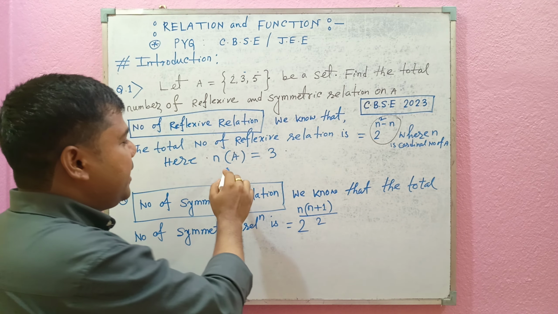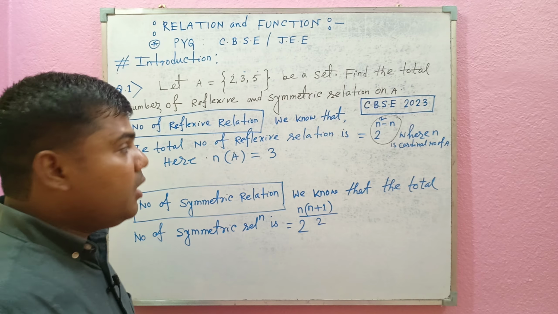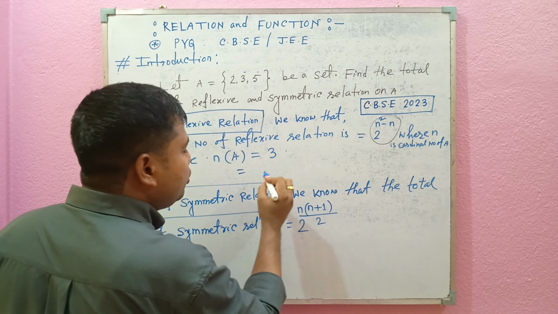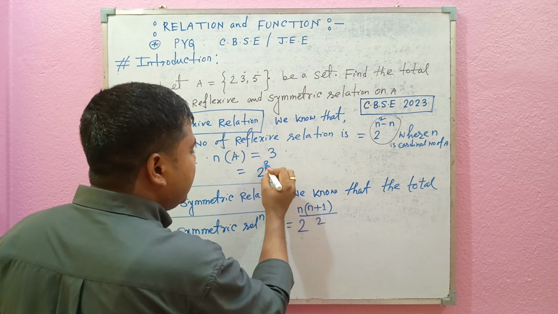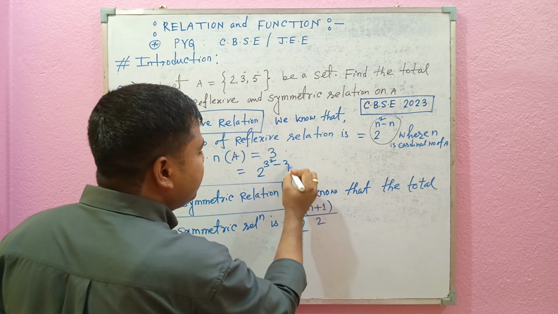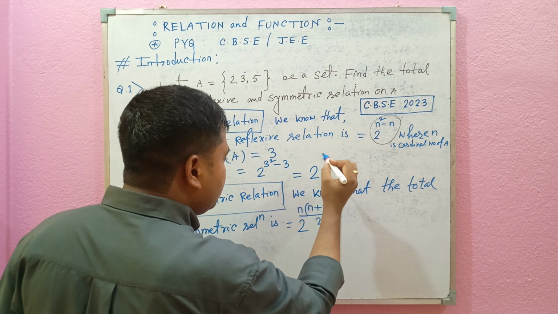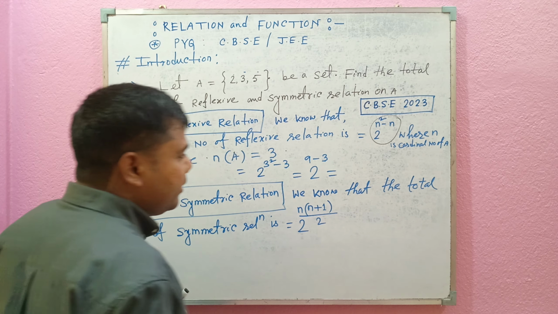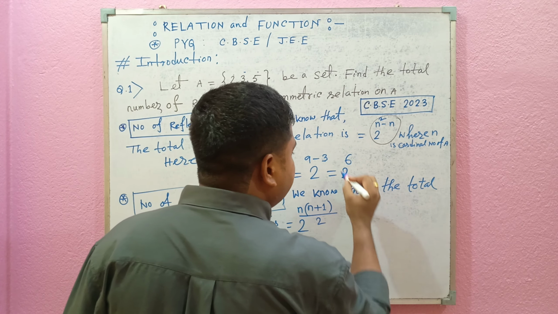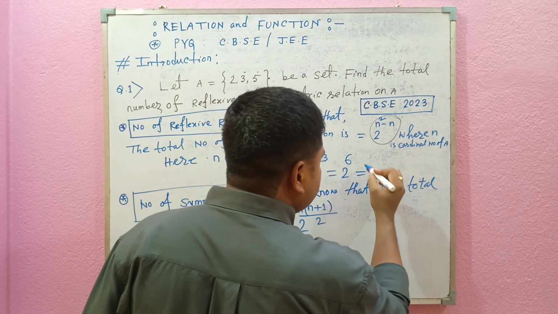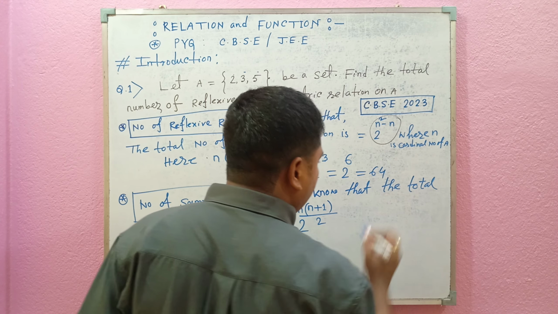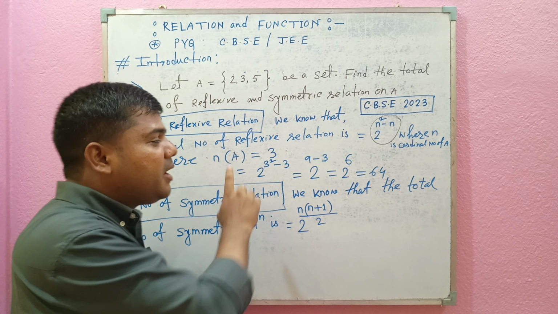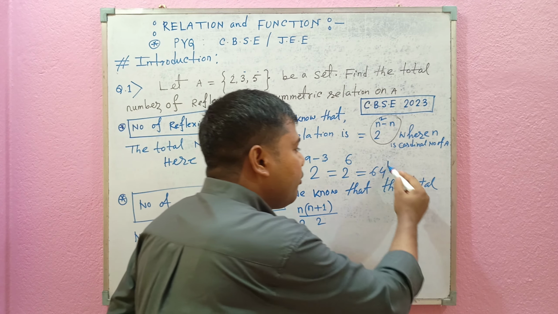So the total number of reflexive relations is 2 to the power 3 square minus 3, that is 2 to the power 9 minus 3, that is 2 to the power 6, that is 64. Hence, the total number of reflexive relations is 64.